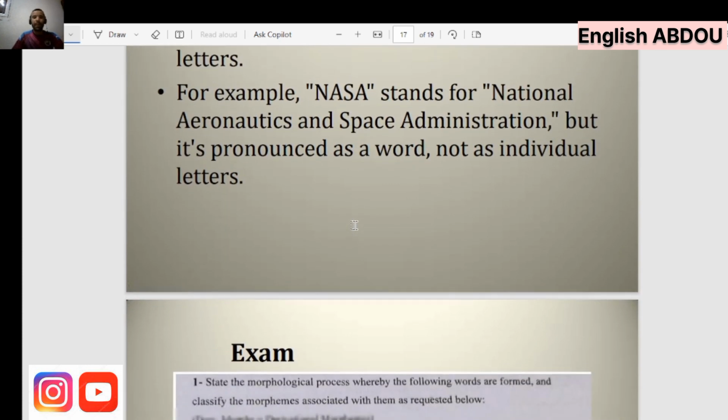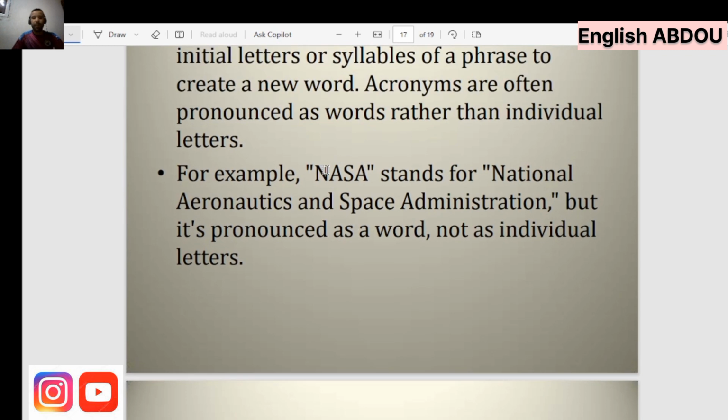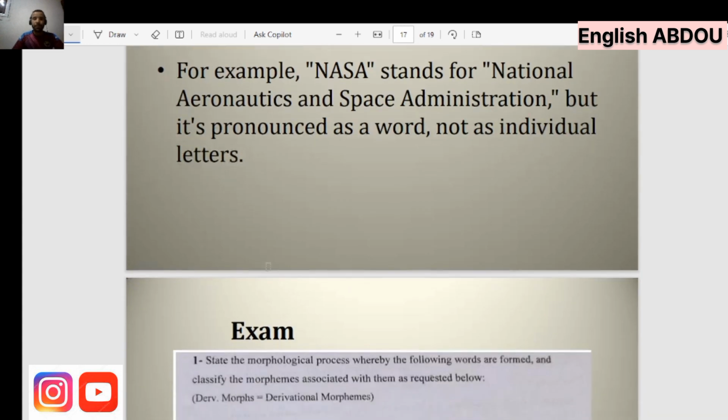For example, NASA: N stands for National, A stands for Aeronautics, S stands for Space, and A stands for Administration. But it is pronounced as a word, not as individual letters.